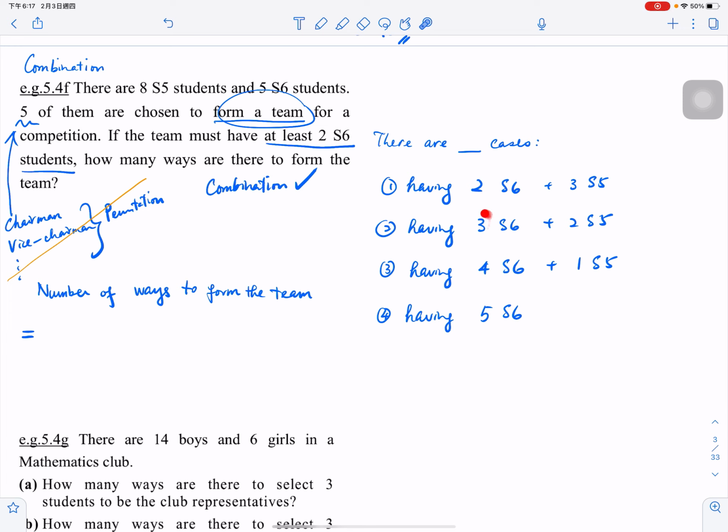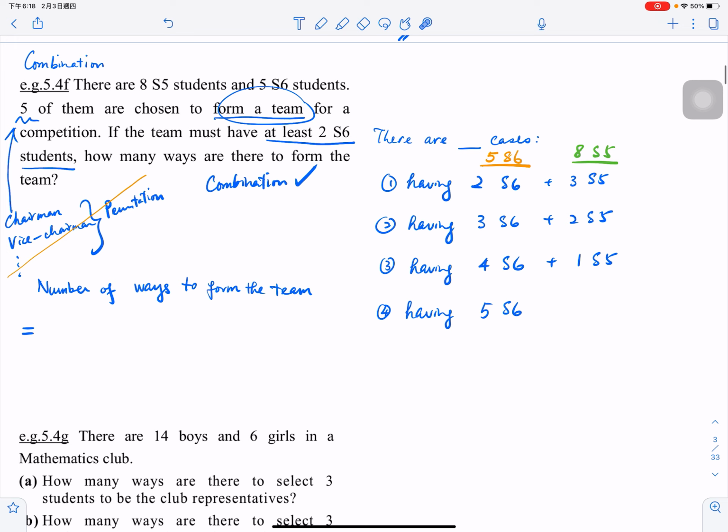If you choose 3 S6 students, then you can only choose 2 S5, right? If you choose 4 S6 students, then you can only choose 1 S5. Or all 5 of them S6 students. And remember, there are 5 S6 students and 8 S5 students.